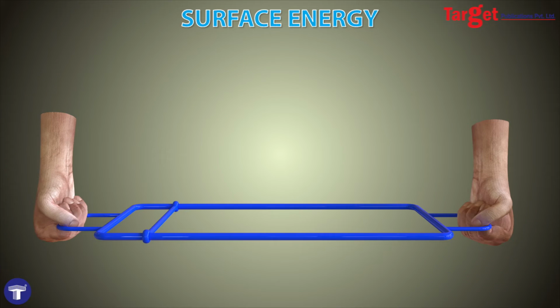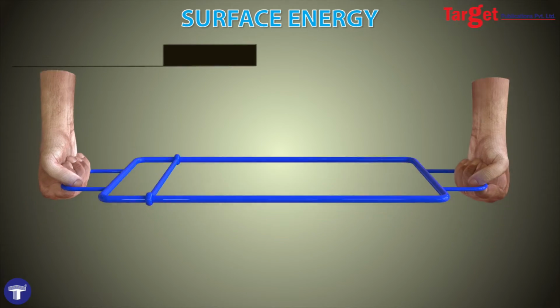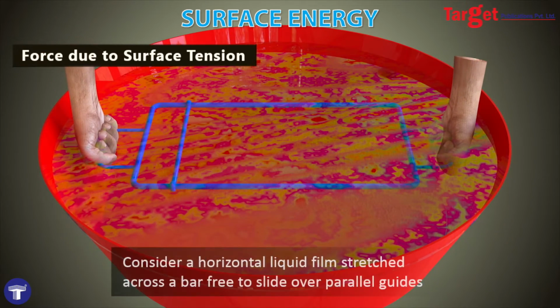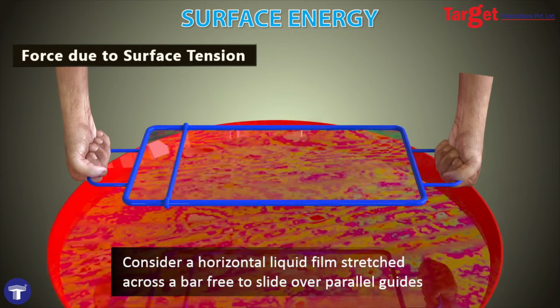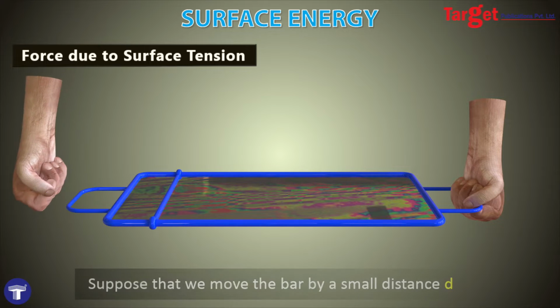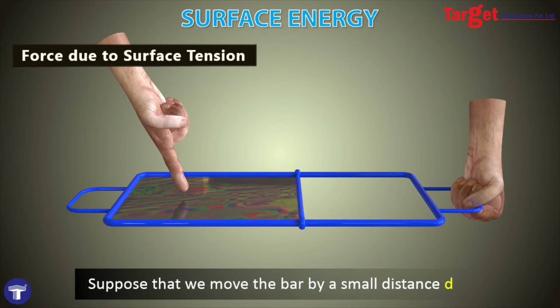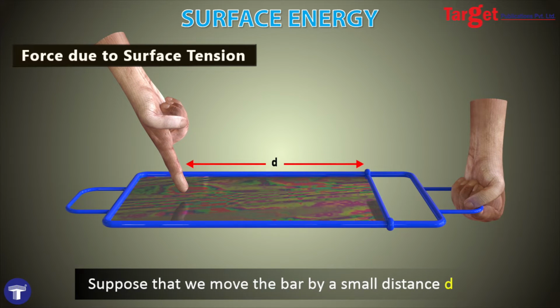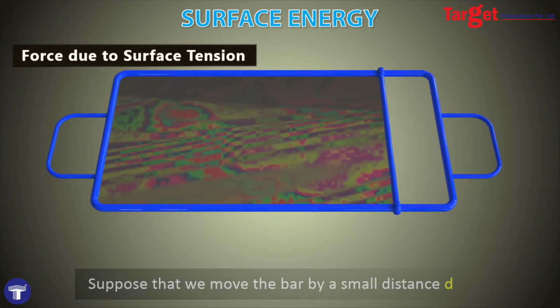To understand the relationship between surface energy and surface tension, let's consider a horizontal liquid film stretched across a bar which is free to slide over parallel guides. Suppose that we move the bar by a small distance d. This causes an increase in the surface area of the film.